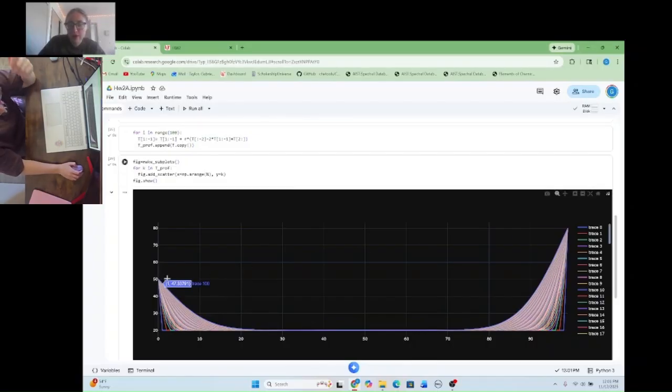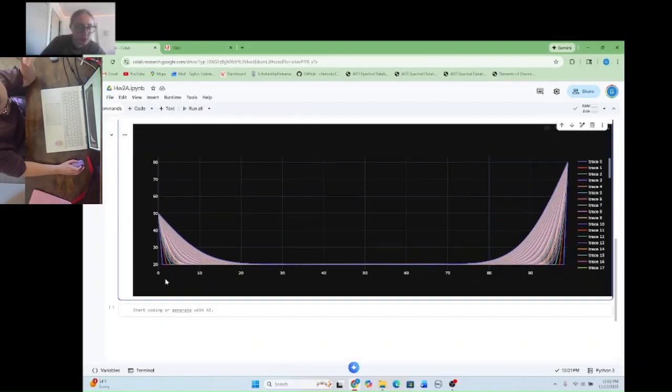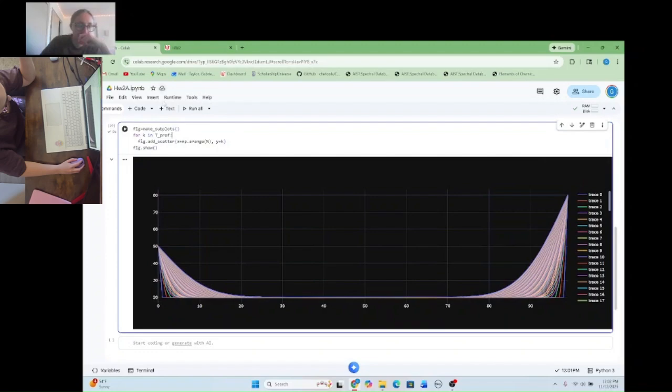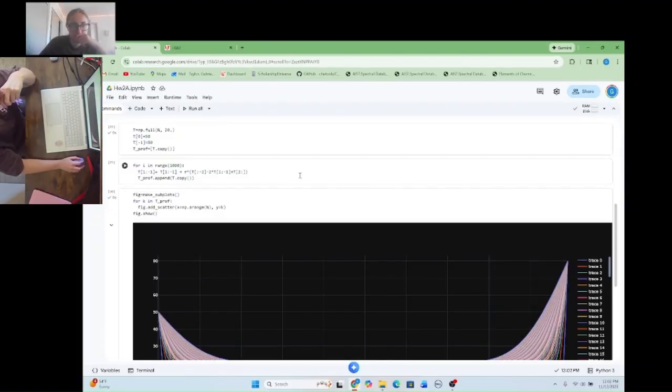So you can see that we're not at steady state yet. We're going to have to increase our time steps because this isn't enough time for the bar to reach steady state. So if we go to 1,000, and if we want to cut down the amount of lines we have here, let's just try it.